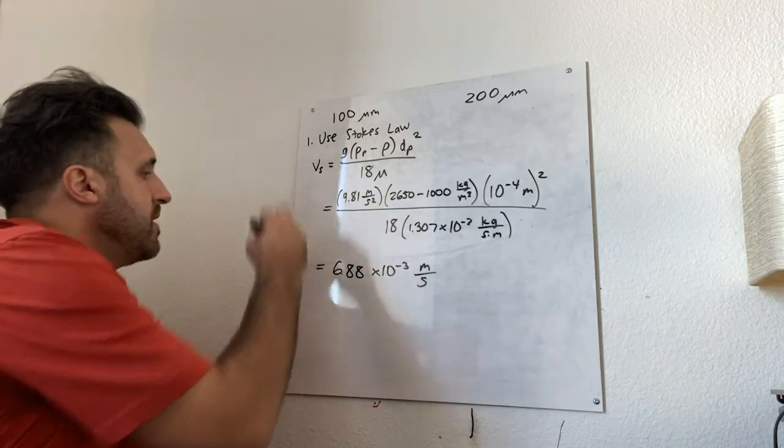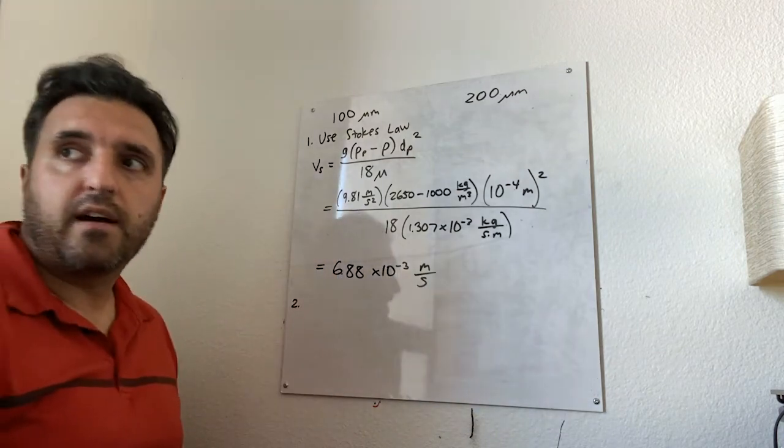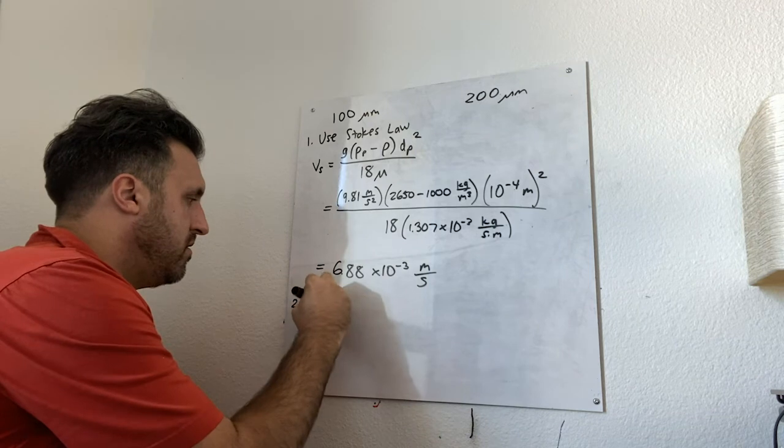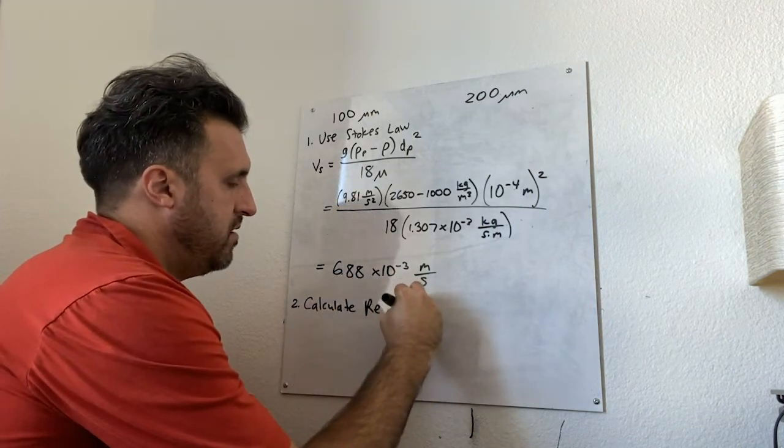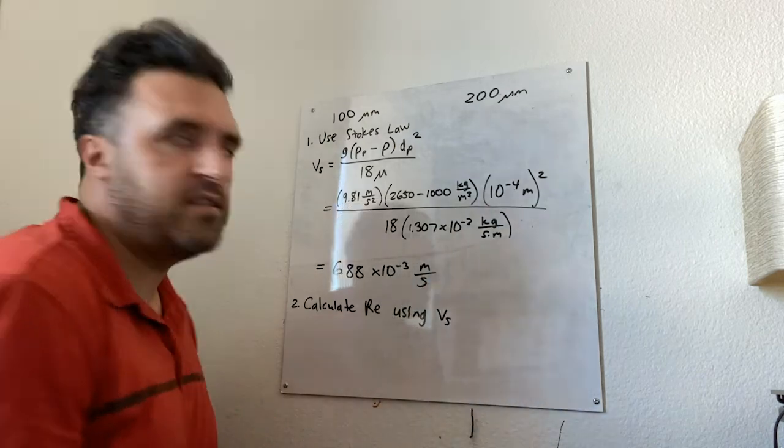Step 2 is to calculate the Reynolds number using that settling velocity.